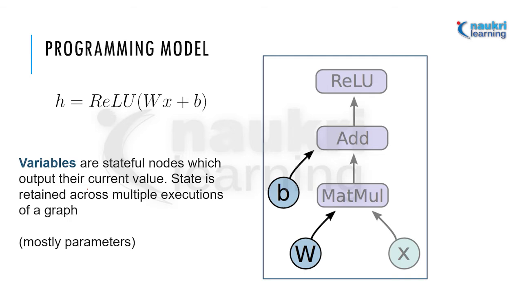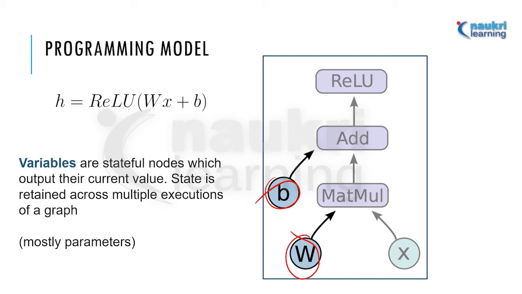Here in this figure, W and B are the variables in this given example. With a variable, its state is retained across multiple executions of a graph. So whenever I have any parameters in my deep learning neural network, I'm going to define them as TensorFlow variables.